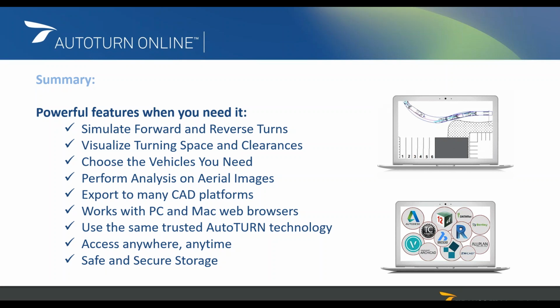Very easy, as you saw. DXF can be imported and exported. It works directly in your internet browsers, whether you're on PC or Mac, using the same trusted AutoTURN technology. And finally, being an online tool lets you access it anywhere and anytime while keeping your projects safe and secured.